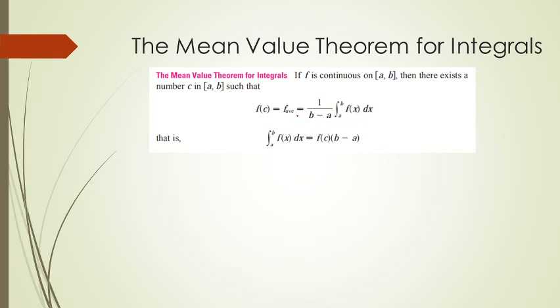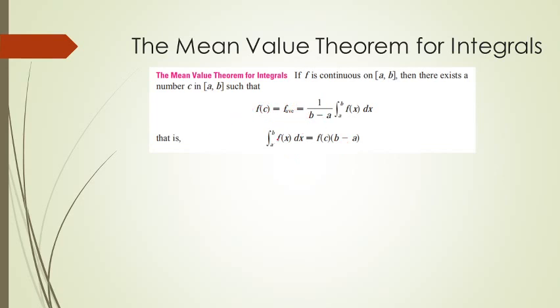But now we say that if f is continuous, then there exists a number c such that the function value at the point c equals the average value of the function. Or in another way, you can move the b minus a to the left side.